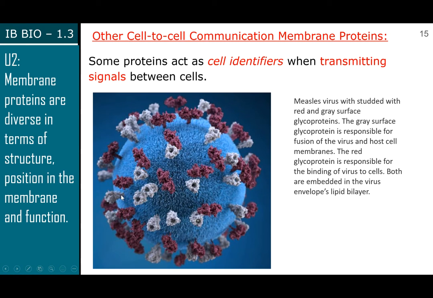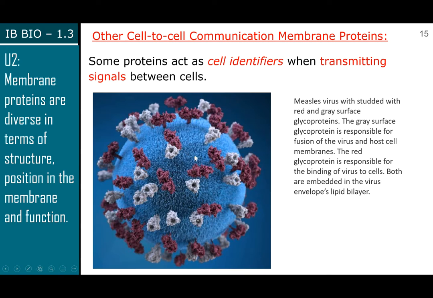These identifiers mimic the same identifiers you have on your cells, so that your immune system doesn't necessarily recognize the virus. In fact, that's one of the reasons why HIV is so good at getting inside your cells. The proteins on the surface have mimicked the identifiers on your cells, so that your immune system doesn't necessarily identify it as an invading pathogen or agent.